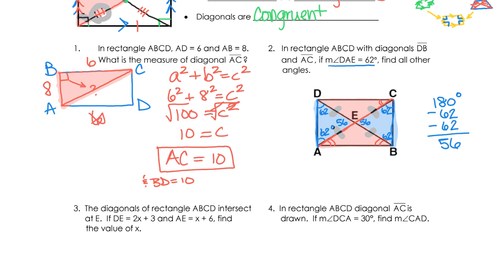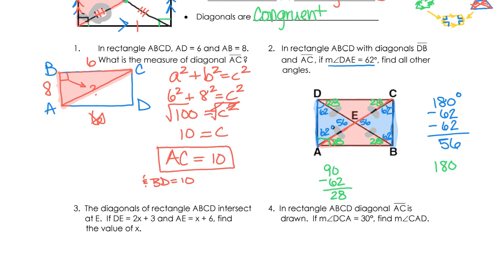This one here will equal this one since they're across from those equal sides. We also have to remember, because this is a rectangle, this is a 90-degree angle. And so 90 take away 62 is going to leave 28 degrees left for this angle here, this angle here, this angle here, and this angle here.